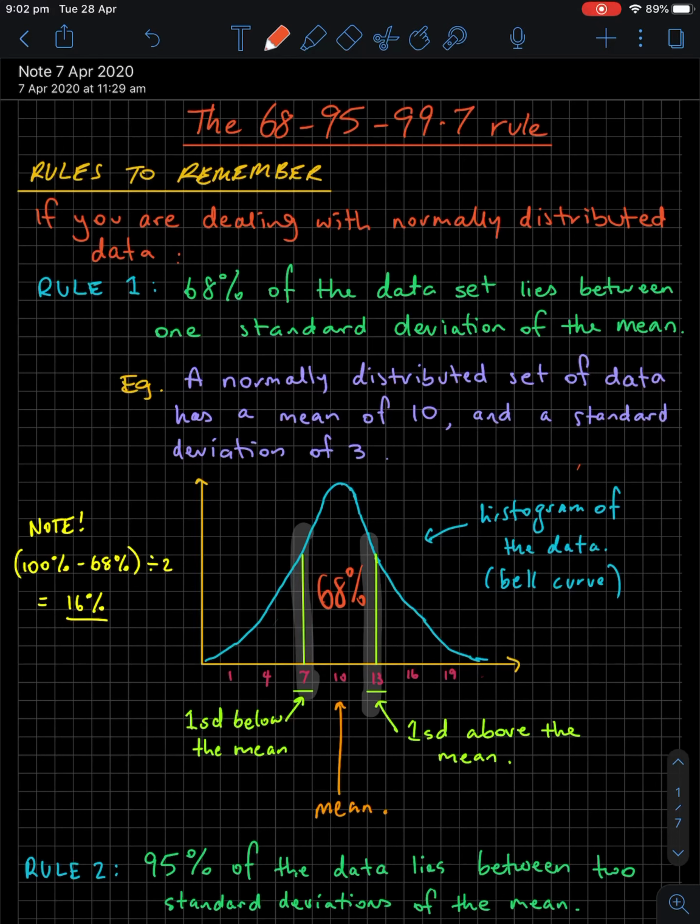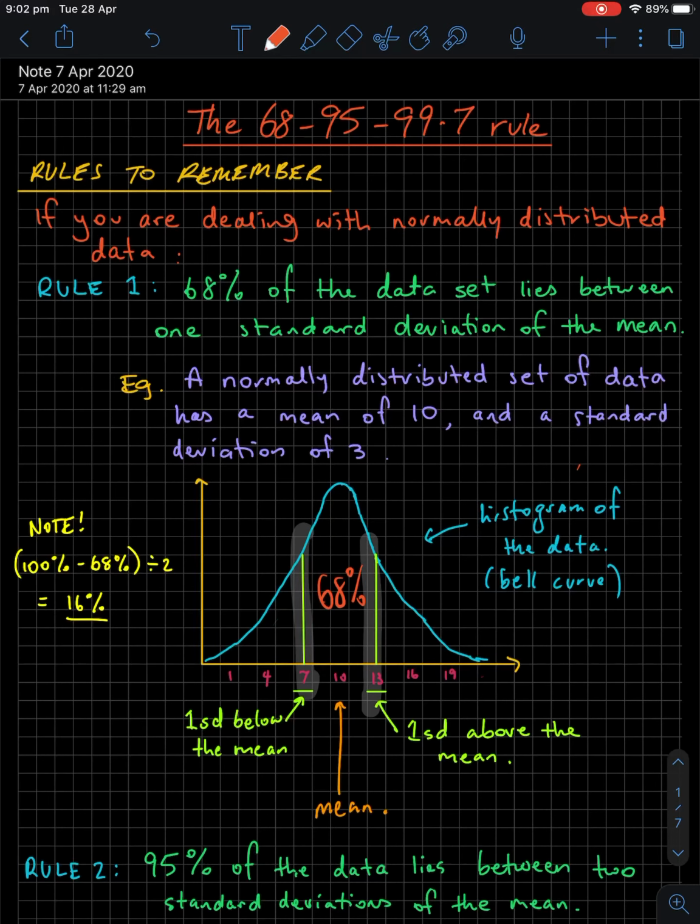Okay, so next up, it's also really important to consider these areas here, this area on the side here and this one on the side here as well. These are still important for a lot of questions. To figure out these percentages, you think to yourself, well, the entire curve, everything under the curve, this whole part here, represents 100%. I'm going to take away the 68%. If I get rid of this section here, it leaves me with these two ends.